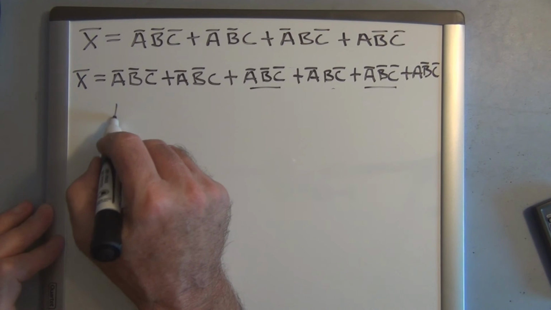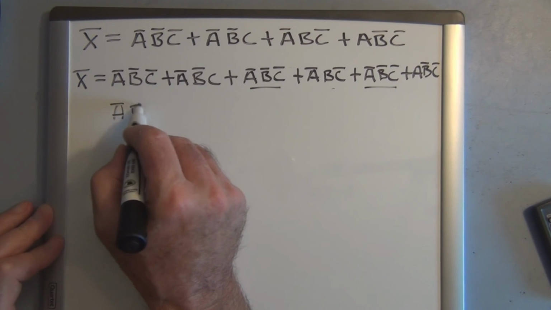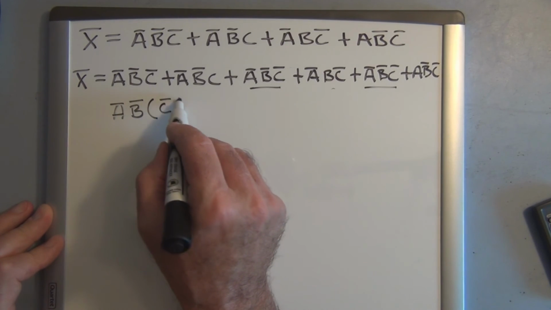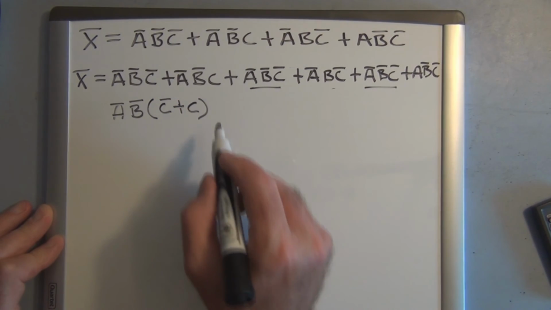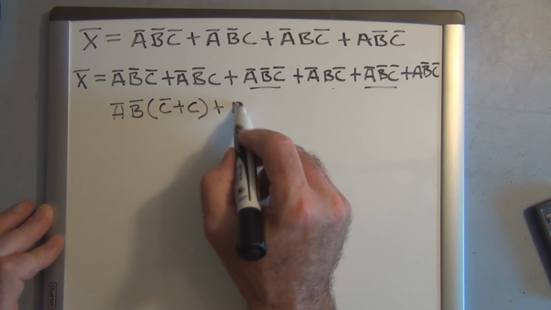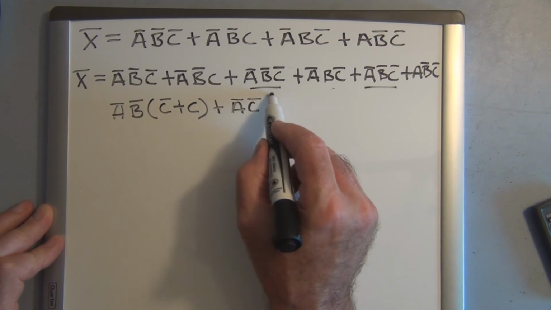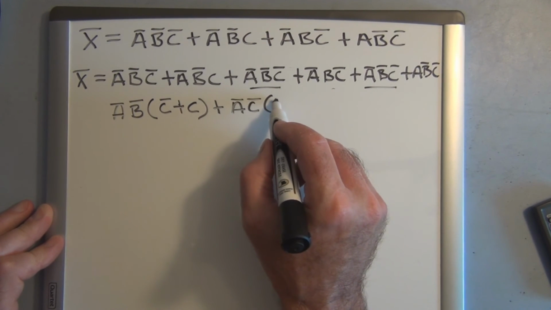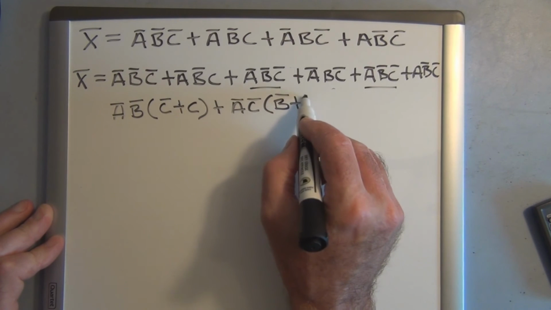This here is a naught, b naught, and that has c naught ORed with c. And here we have a naught, c naught, and together with b naught, b.